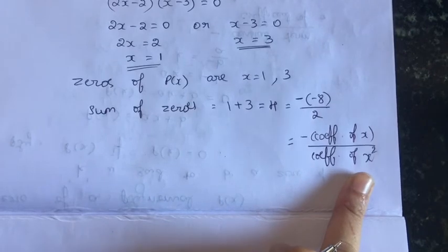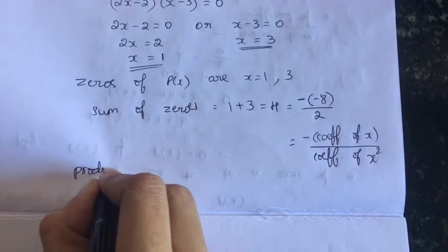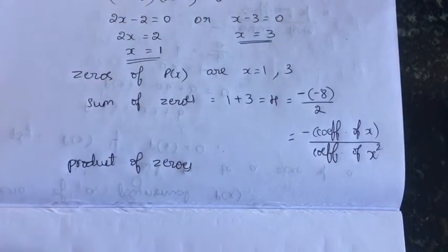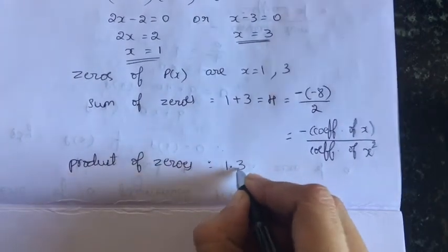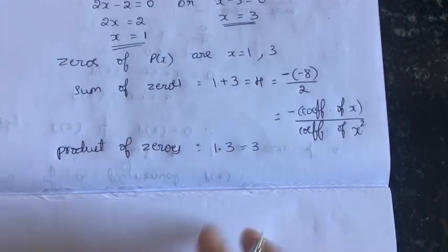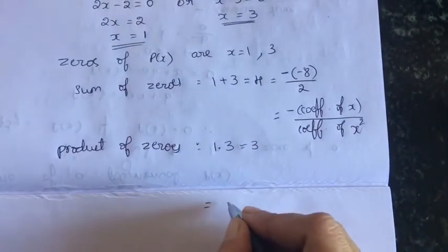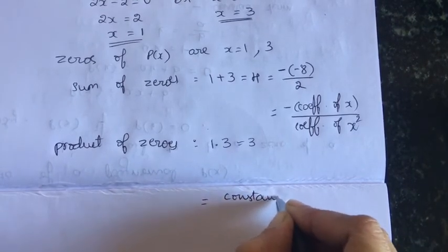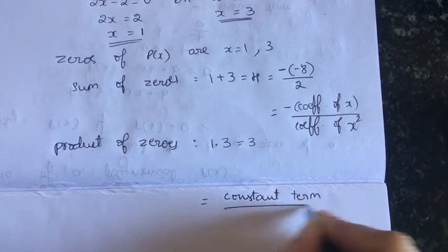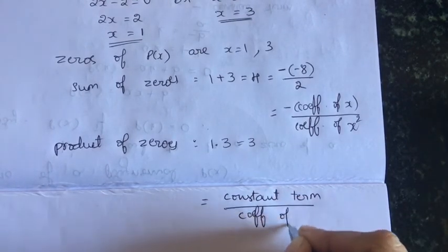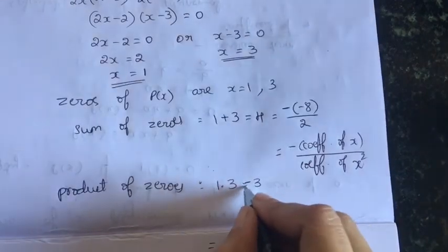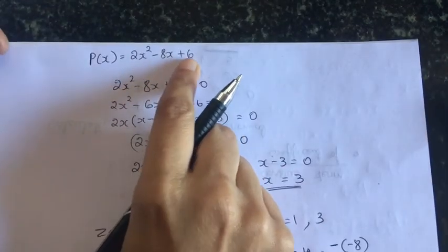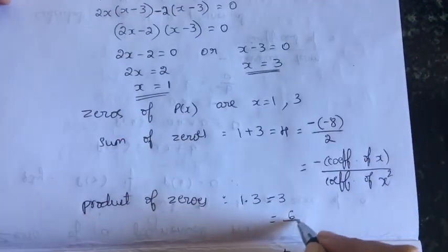Similarly, product of zeros is 1 into 3, it is 3, which is nothing but constant term divided by coefficient of x square, because 1 into 3 is 3, and here I have constant term 6 by 2 gives you 3.